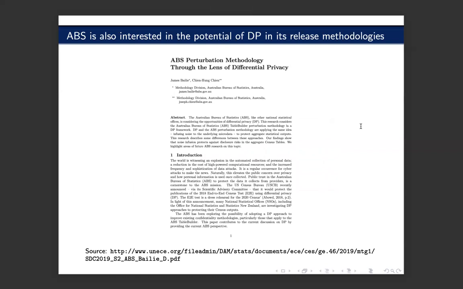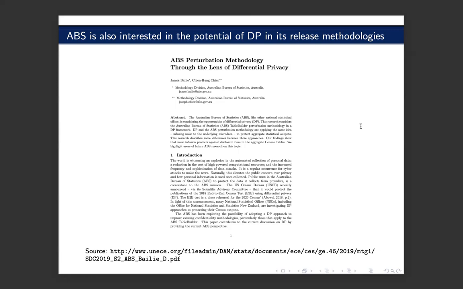The Australian Census Bureau is not using differential privacy, but they are interested. They use other perturbation. They have an adaptive, interactive table builder. You can query the underlying microdata of the ABS, and they have been adding noise for many years to their results in a specific way.